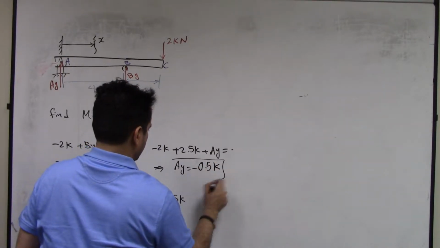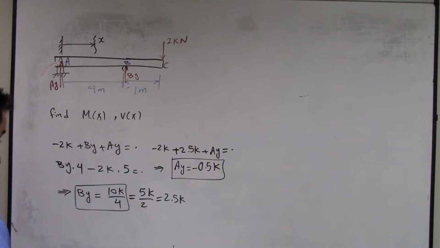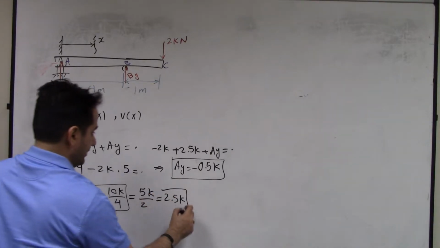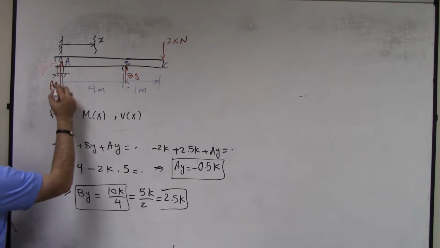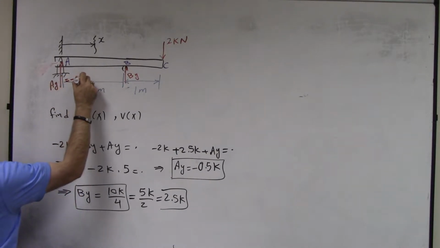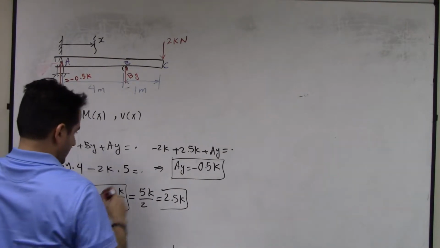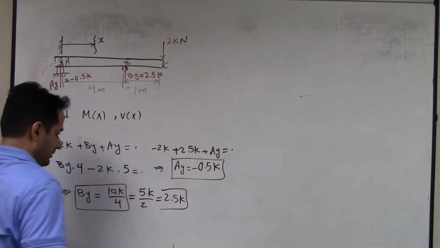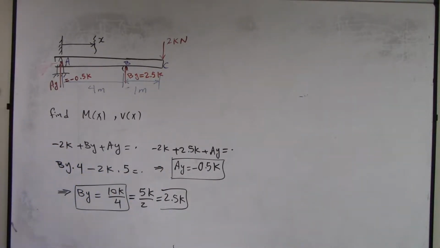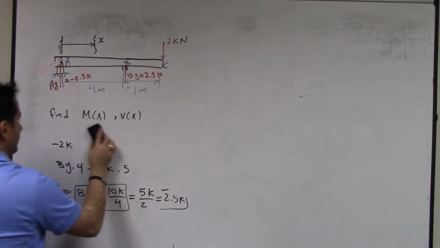Right? That's what you get. So these are the external forces. Here Ay is negative 0.5K and By is 2.5K. Now I just erase this to free up some space.